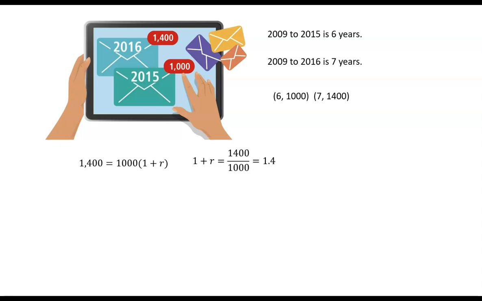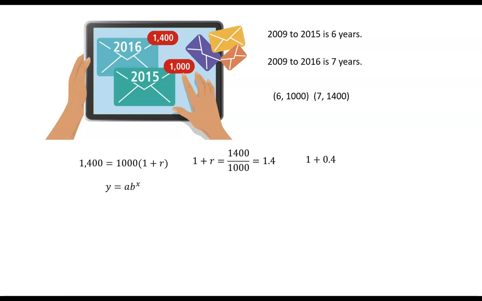So that growth factor, the 1 plus r, equals the 1,400 divided by the 1,000, which is 1.4. So 1.4 is our growth factor. That's what goes in the equation. Our rate of growth is 40%. So the 100% plus the 40% gives us our growth factor of 1.4.